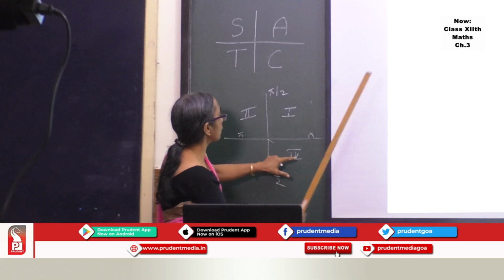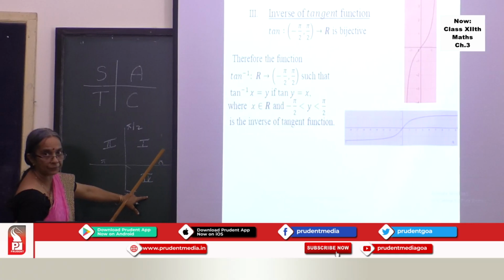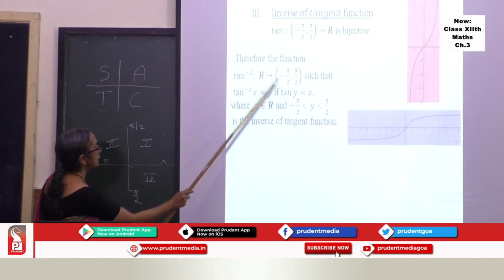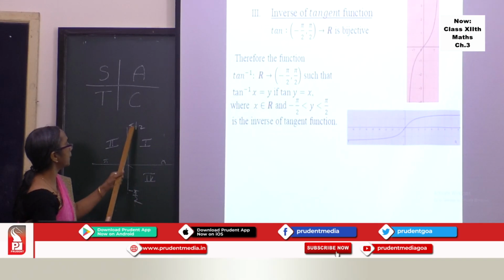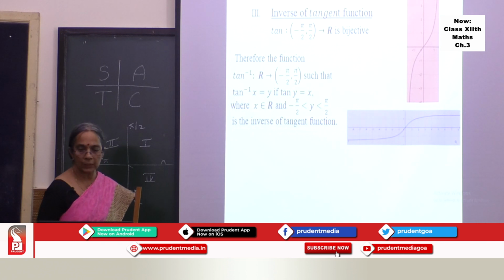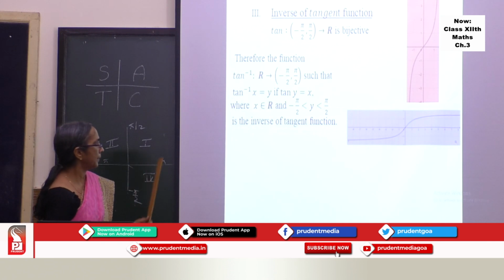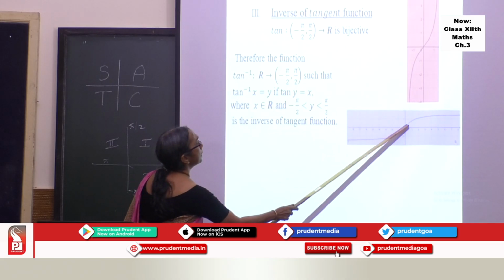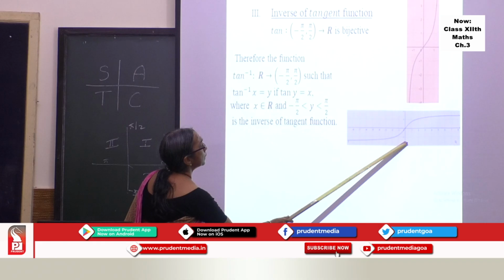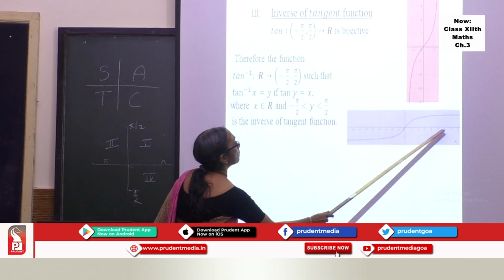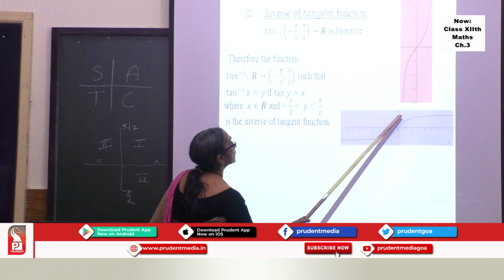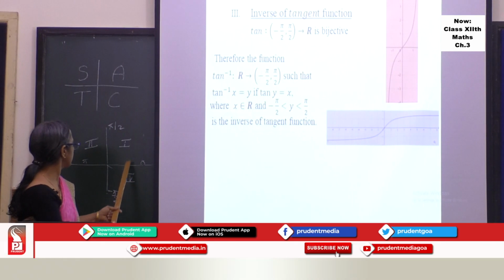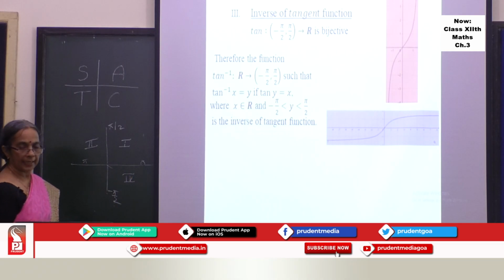So, tan inverse of a negative value, like sine inverse, is an angle between minus pi by 2 and 0. Tan inverse of a positive value is between 0 and pi by 2. First quadrant positive, fourth quadrant negative.